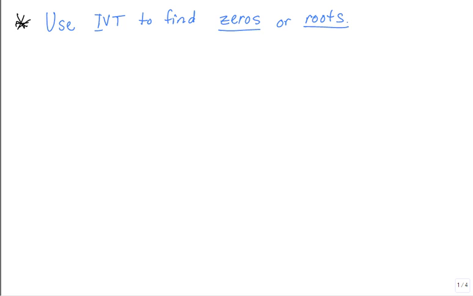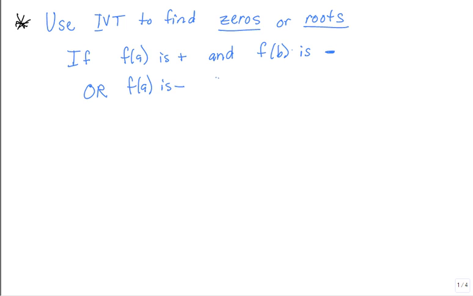Now, what do we use this for? It's really, really, really important. We use the intermediate value theorem to find the zeros of an equation, or some people call them roots. That's where it goes across the x-axis. So if one of the function's values is positive and the other one is negative, or f of a is negative, they have to have different signs.